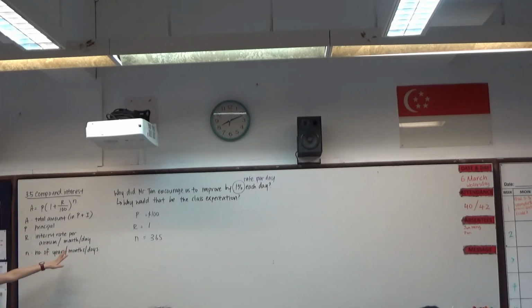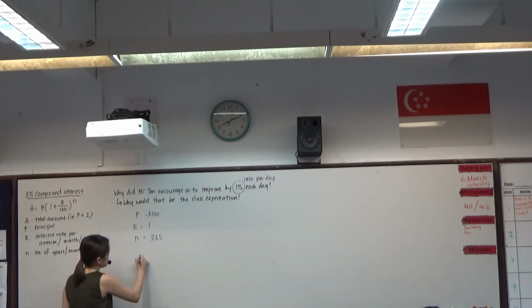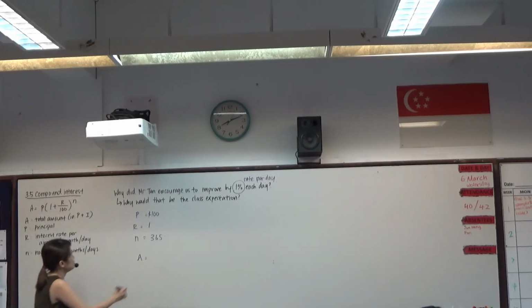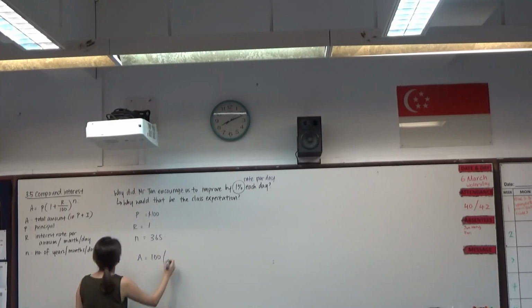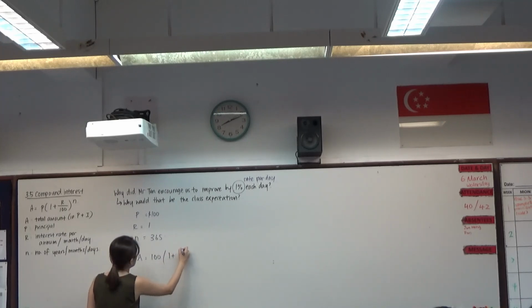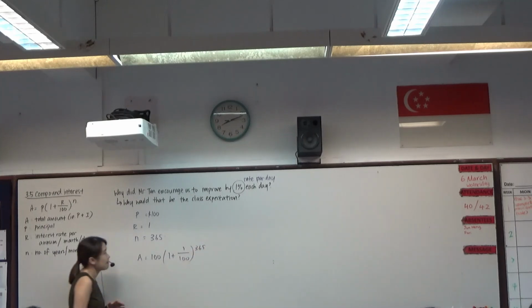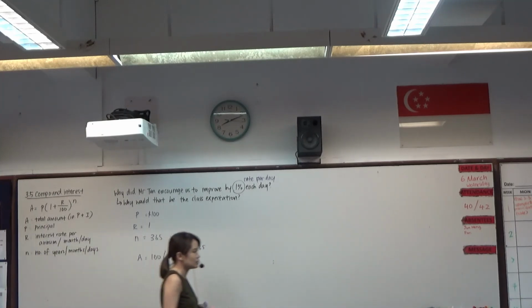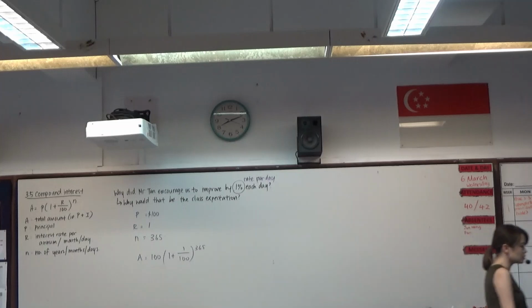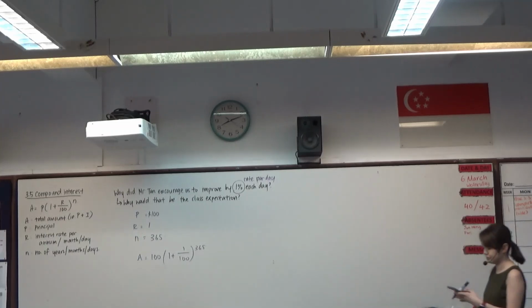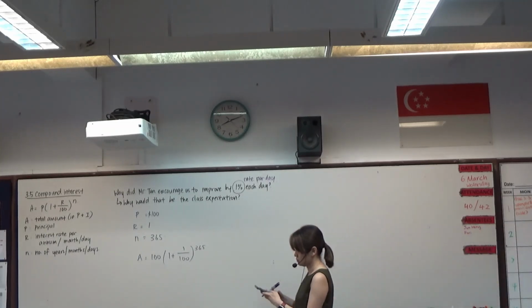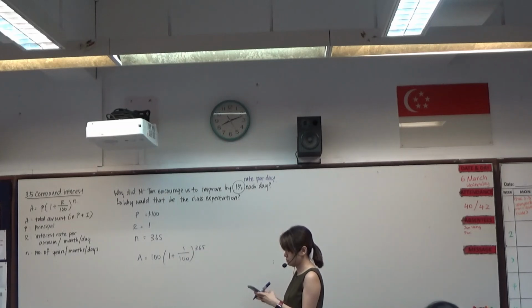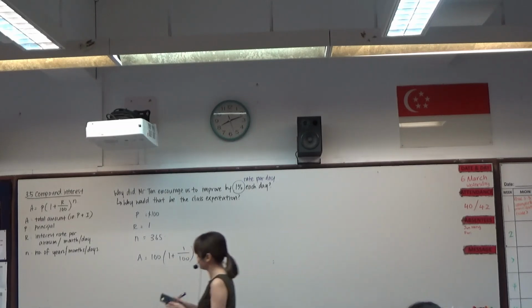With these values, what is the total amount? 100 times 1 plus 1 over 100 to the power of 365. What is the value that we get? Let's do a quick calculation. Key in your calculator, please. What do we get?